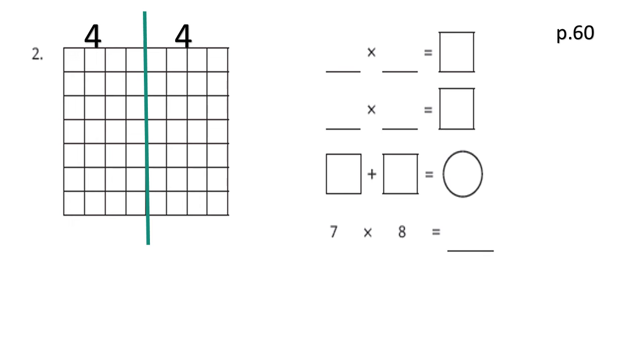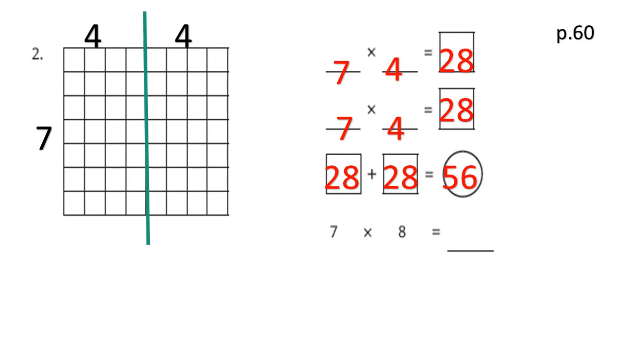Then I have here 7 rows. For the first array, I write the equation: 7 times 4 equals 28. And the second array, also 7 times 4 equals 28. So I take the product from here and the product from here, and I add them together. 28 plus 28 equals 56.